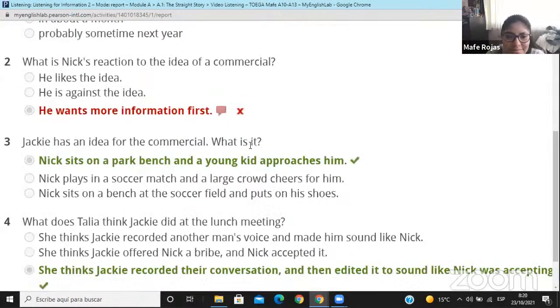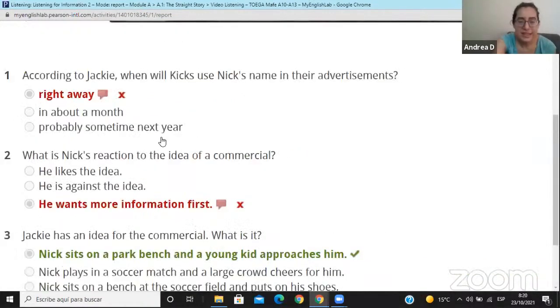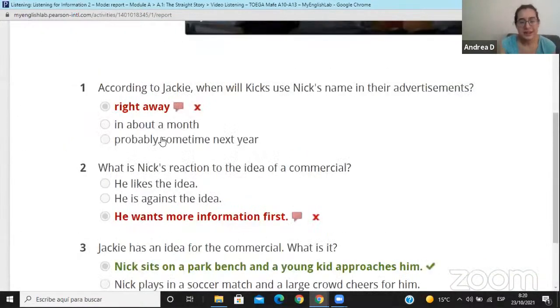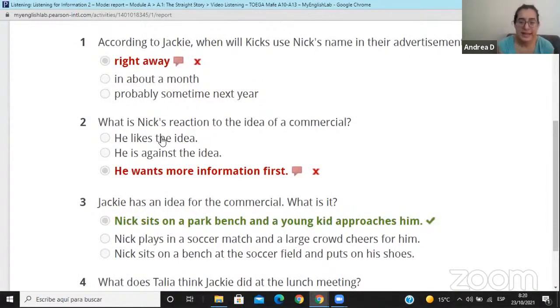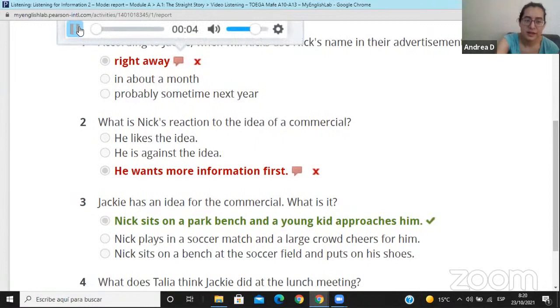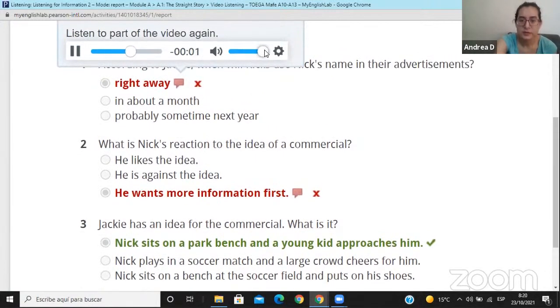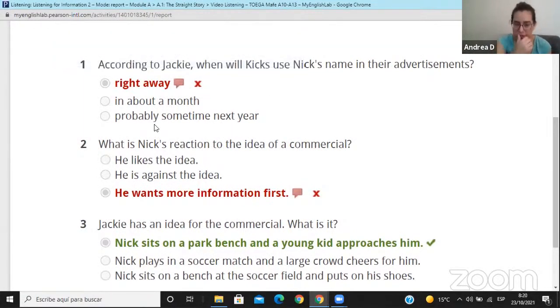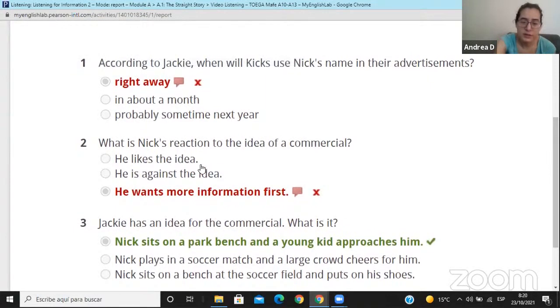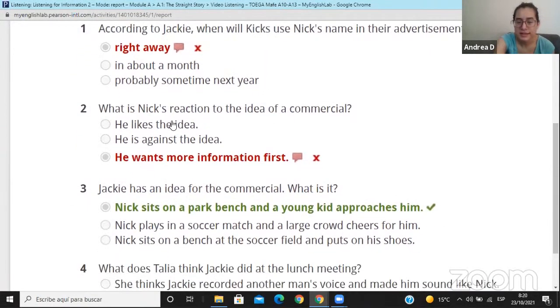Okay, so the first one, I think she says, we can do this next year, but I'm going to tell you the details later. Let's listen to a part. So yeah, next year. And this will be sometime next year. Yeah, that's right. And the second one, Nick's reaction. I'm not sure about this one. I think he likes the idea at first.